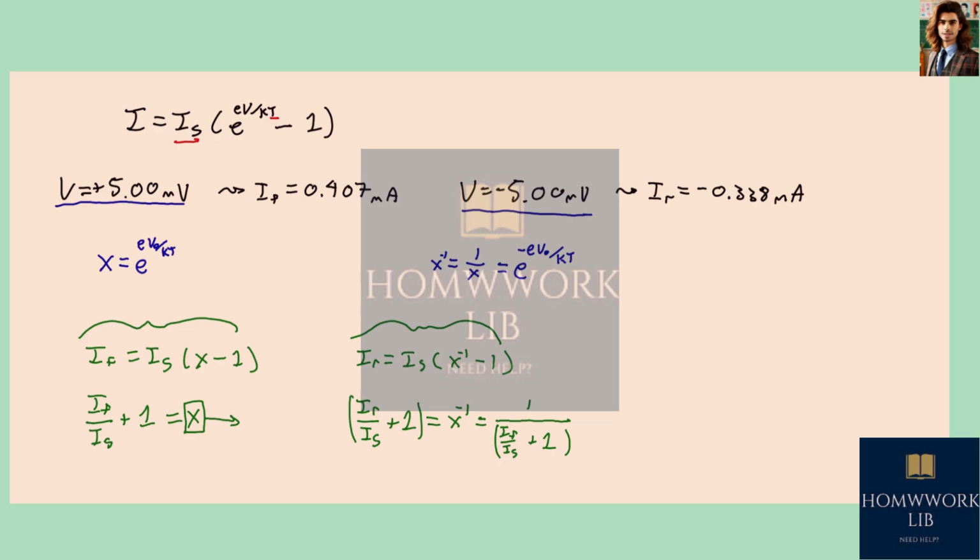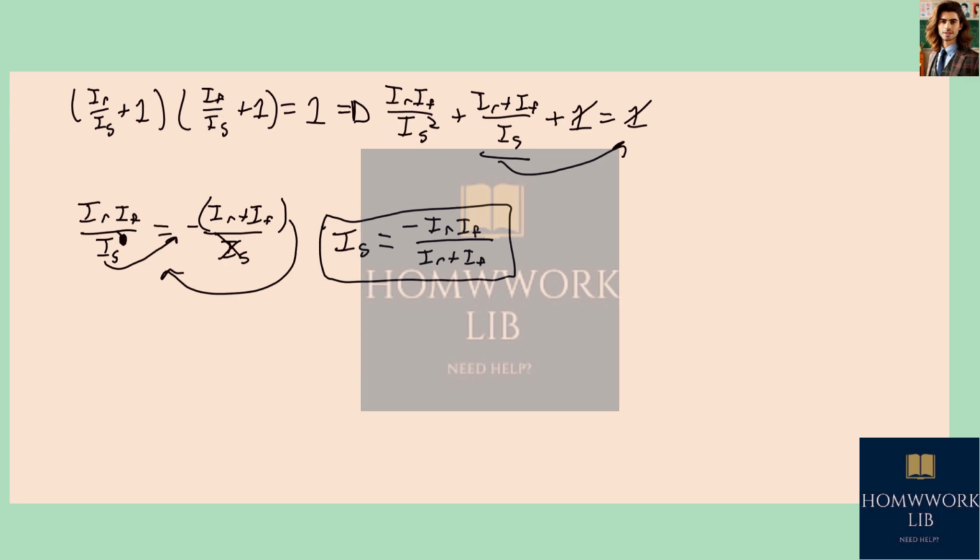This part I'm going to just skip through to the answer because it's really not too difficult. You get down to where your x is equal to minus IF over IR. And of course, we can't forget that we have replaced this x, so it's actually e to the eV over kT.